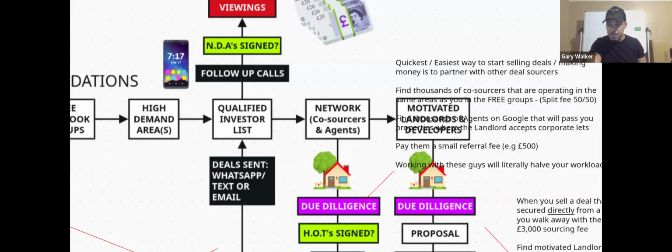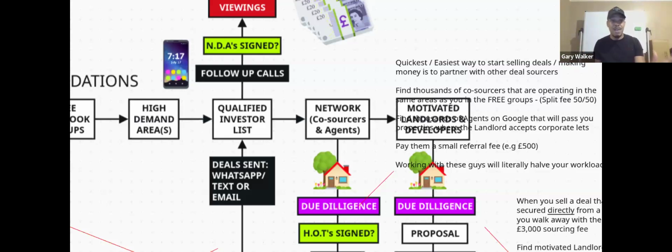Sarah said, the heads of terms, is it signed between you and the owner? So the heads of terms is signed between us, the deal sourcer, and the owner. And again, that document is literally just for you. It's your piece of evidence, I suppose you could call it, that you found this deal, you secured this deal.